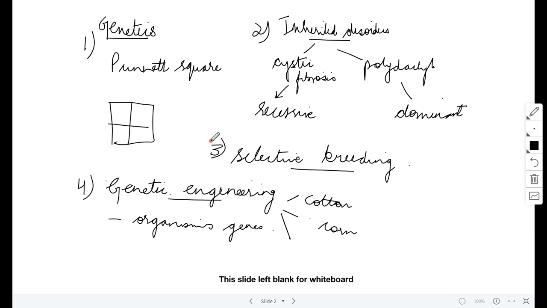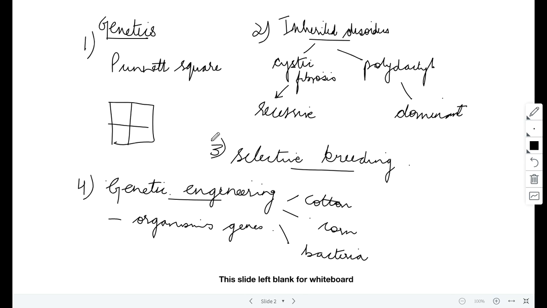And through genetic engineering we are able to make bacteria which can make lots of drugs. So we call it genetically engineered.